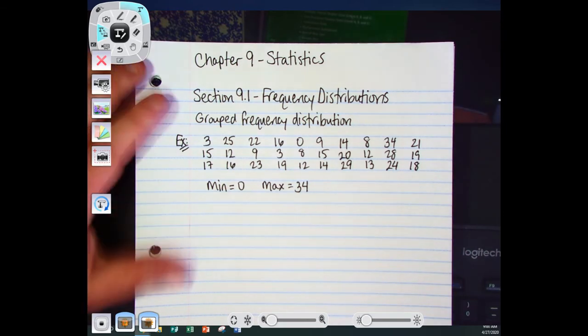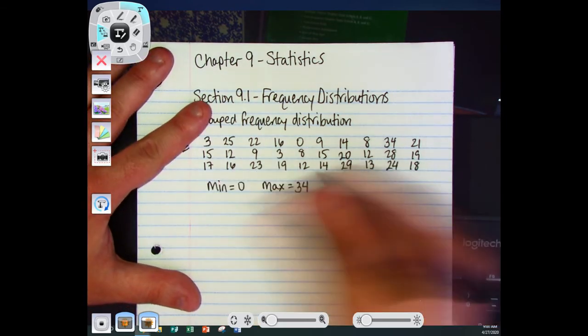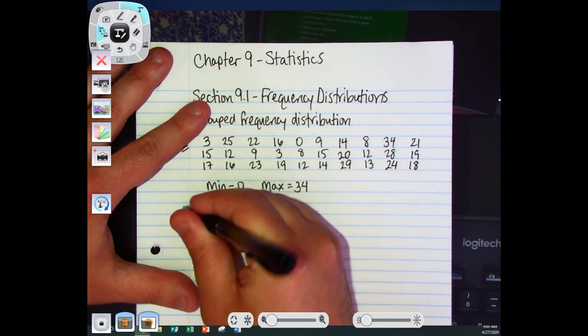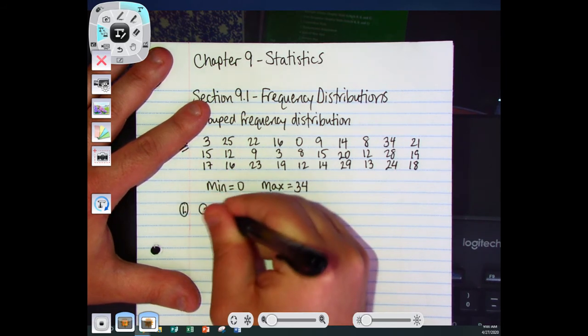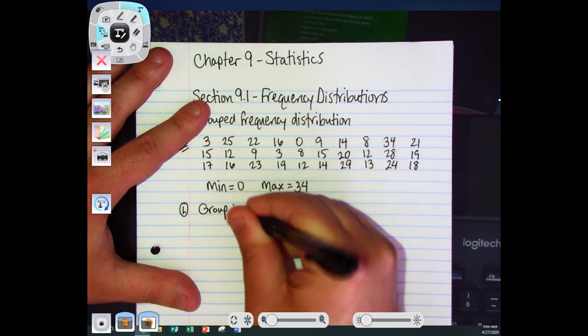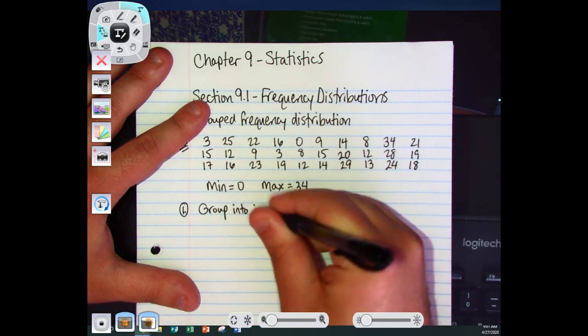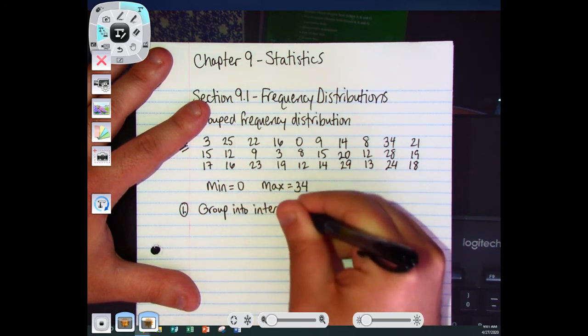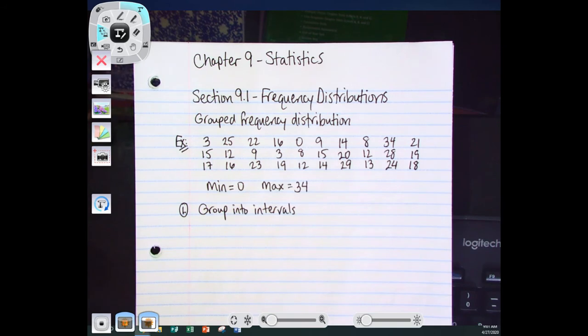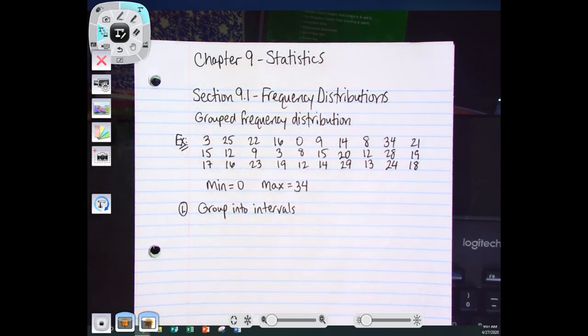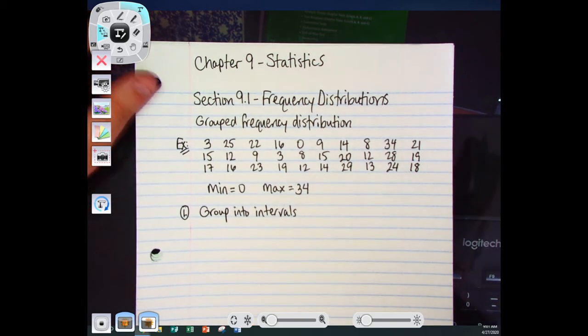The best way to do this is to take the data and group it into intervals. When grouping into intervals, you want to be thinking about what would be the best groups that would go from 0 to 34. So in this case, I'm going to group my data into intervals of 5.